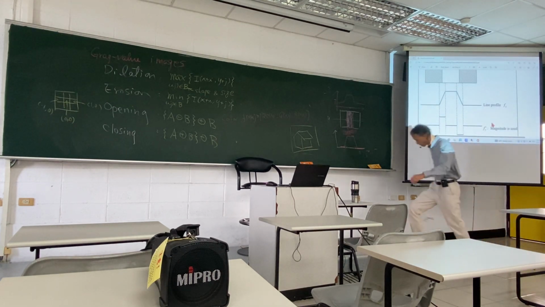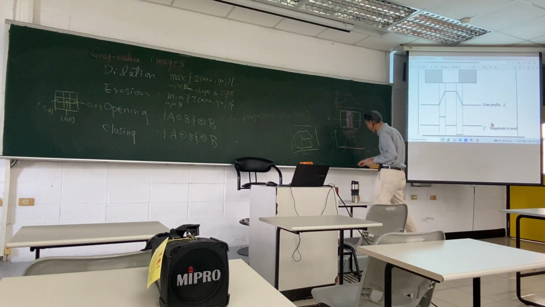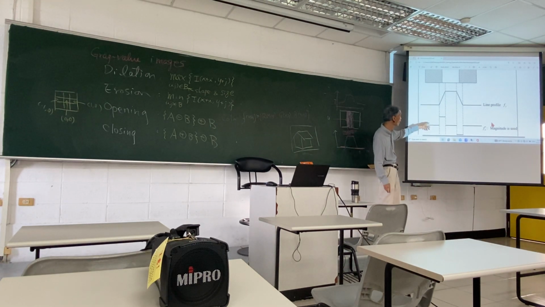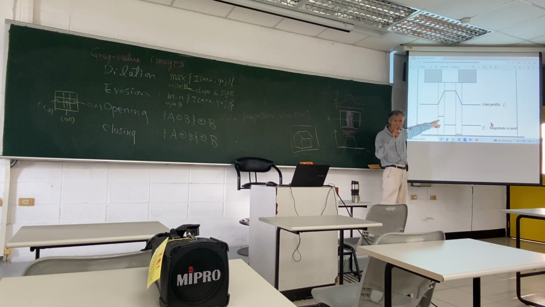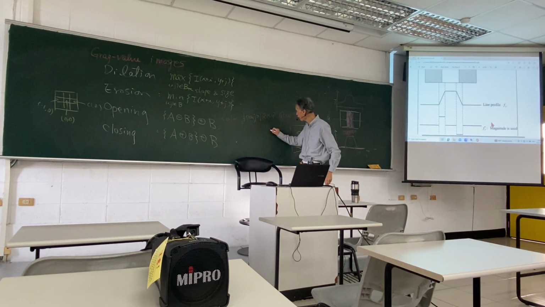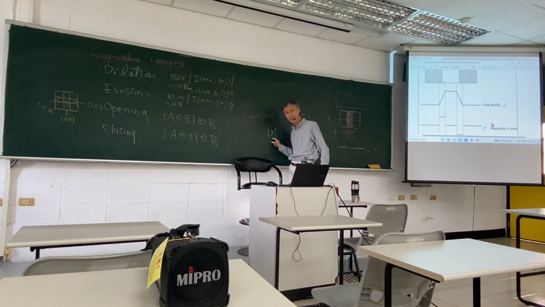Which means, to identify the edges, we simply identify the magnitude. We don't need the sign. When I say magnitude, for any value, we simply take its absolute value. We don't care whether it is negative or positive.